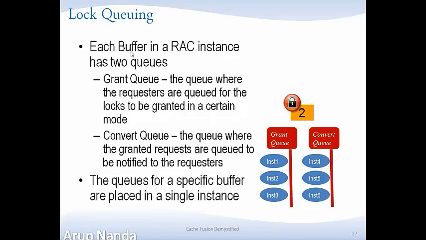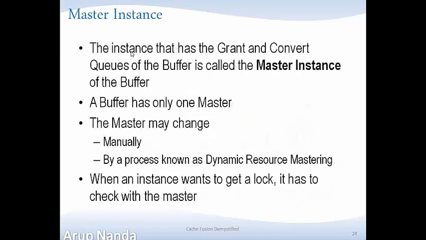Therefore, Oracle doesn't replicate them. It simply gets it from only one instance at a time. So one buffer's information is stored in only one instance. It is not replicated. If anybody else wants to get the lock, it has to go to that instance and request the lock on that buffer.